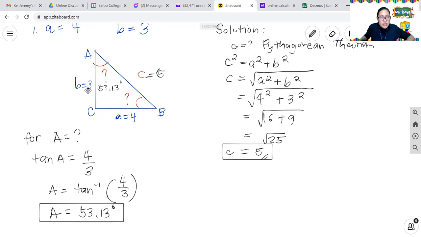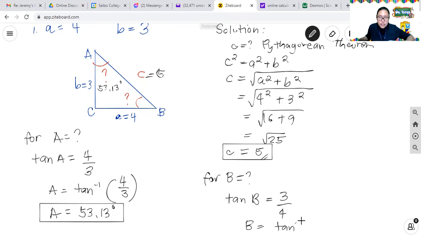As you can see, side B is opposite angle B and side A is adjacent to angle B. If we have opposite over adjacent, that means we will be using the tangent function. So we will have tangent B is equal to 3 over 4. Again, since we're looking for the angle, we will find the inverse tangent of 3 over 4.